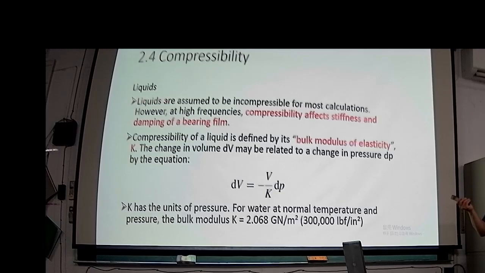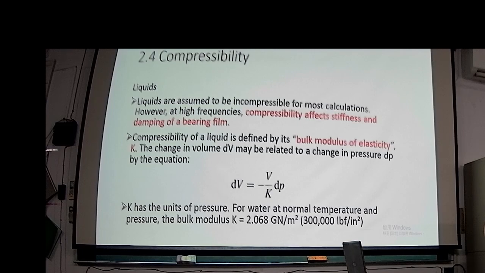Usually, liquids are assumed to be incompressible for most of the configurations. For the supply pressure lower than 65 bar, usually we consider the oil hydrostatic bearing to be incompressible.